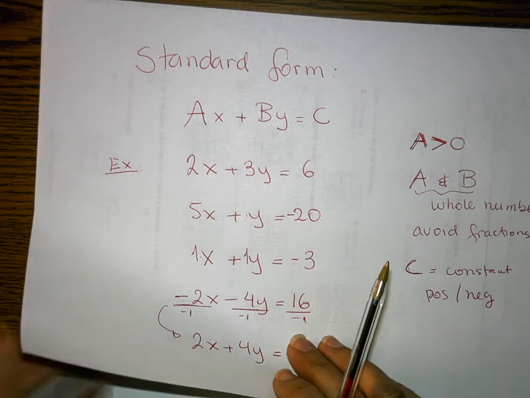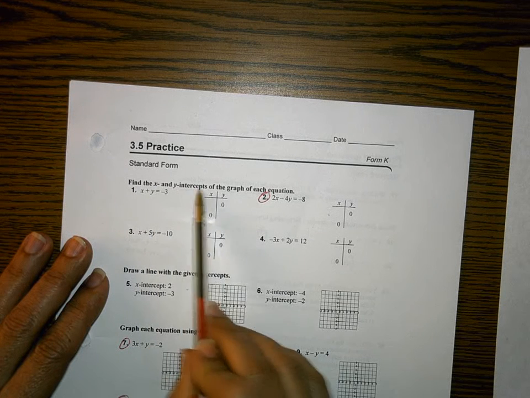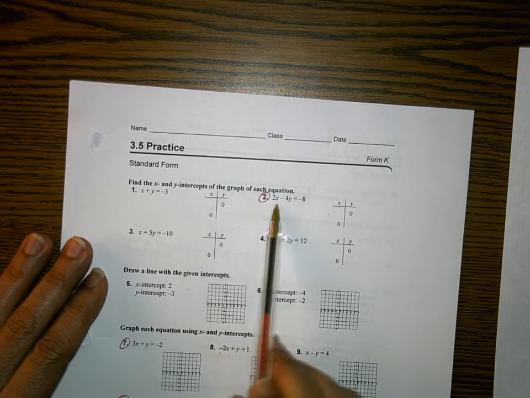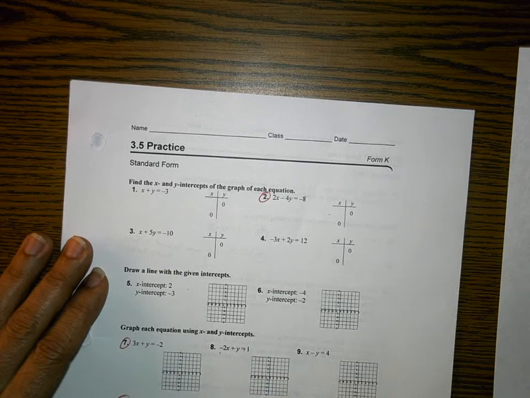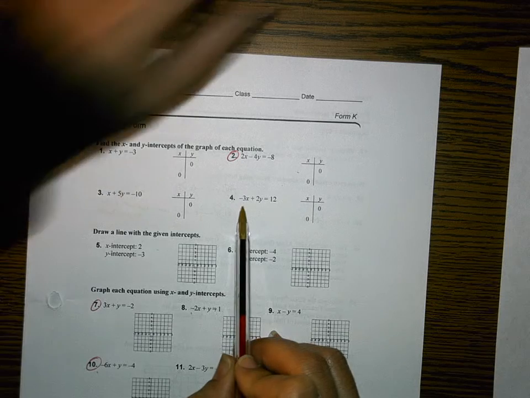Now, let's take a look at some examples here. It says on your worksheet, find the x and the y-intercept of the graph of each equation. Now, all of these are given in standard form. As you can see here on number 4, our a value, let me zoom in a little bit more so you can see.